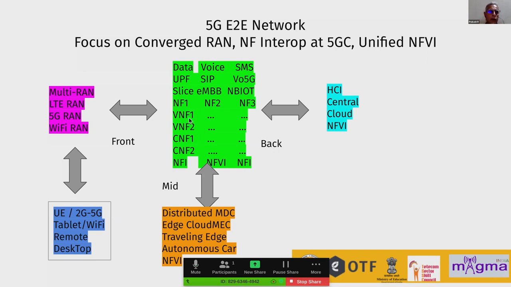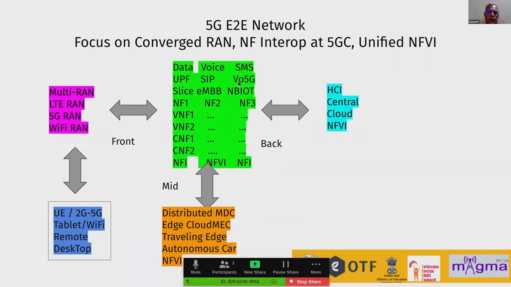CNF1, 2, 3. It could be a VM or it could be a container, and all these run over a runtime of network function infrastructure. So what we are looking at is a unified network function infrastructure over which the network functions run, and it is interoperable.